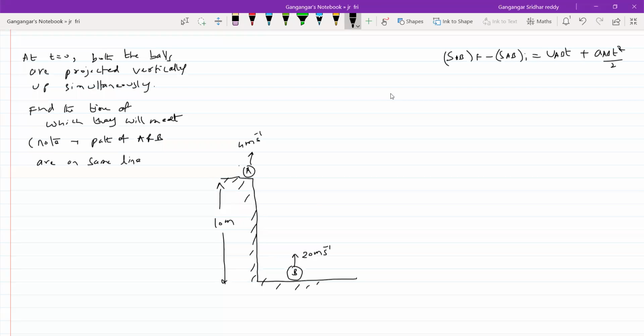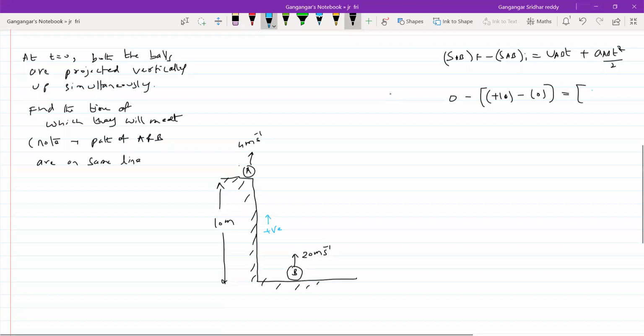So shall I substitute directly here? Final separation when they meet is 0. This will be position of A plus 10 minus 0. Initial, let me choose the convention. What is the convention? Upward is positive. So therefore this will be plus 4, plus 20t, minus g.